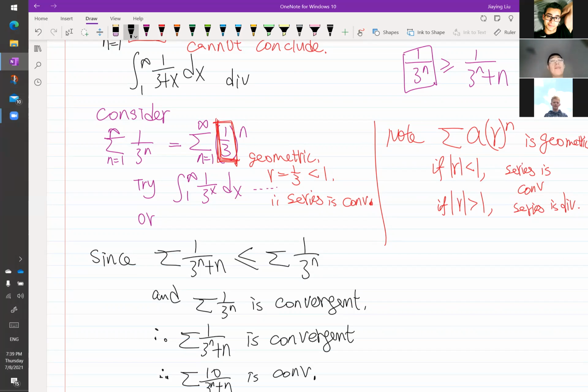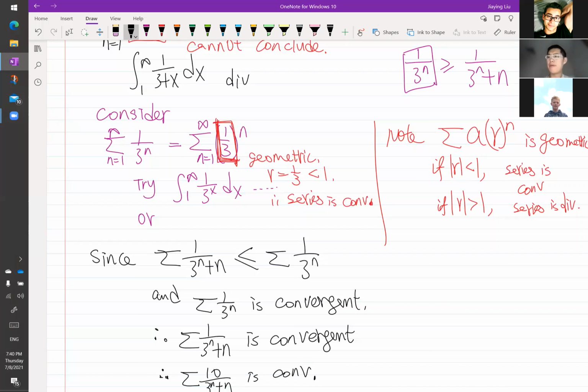So that's a comparison test. It's just like we have done with the integrals. We integrated back then, but now we just look at series. We compare two different series, one a simpler function that's either greater than or less than. I think a lot of you are still confused.